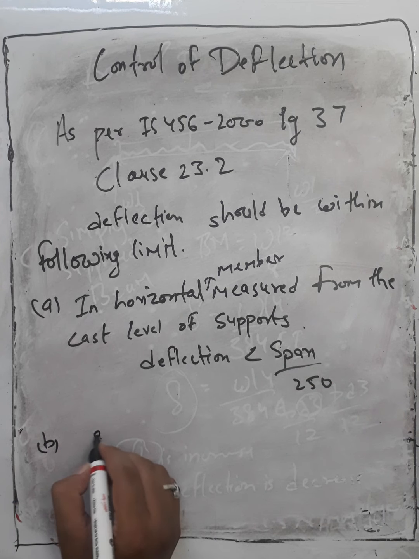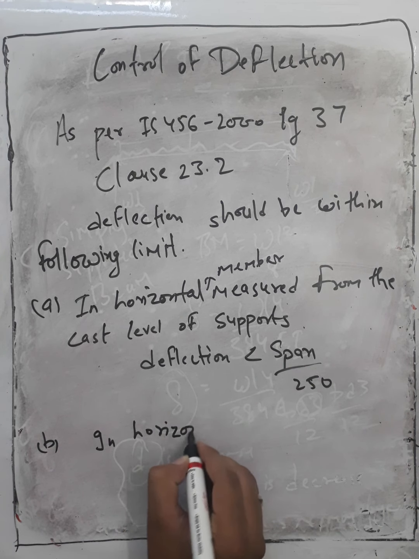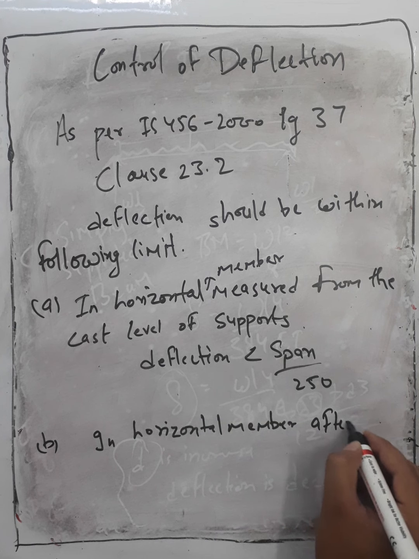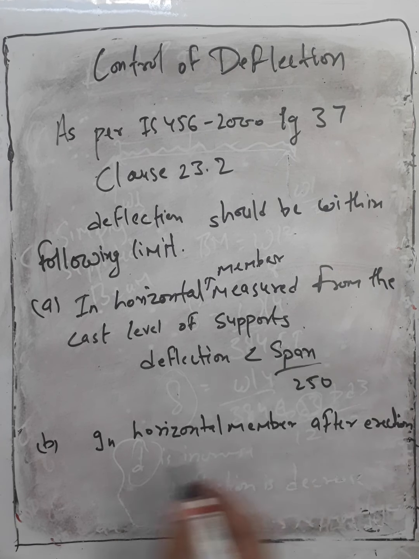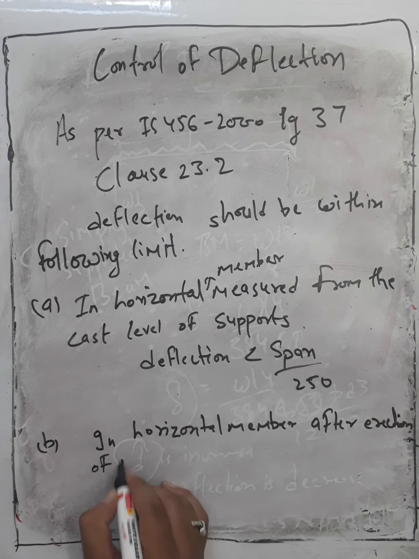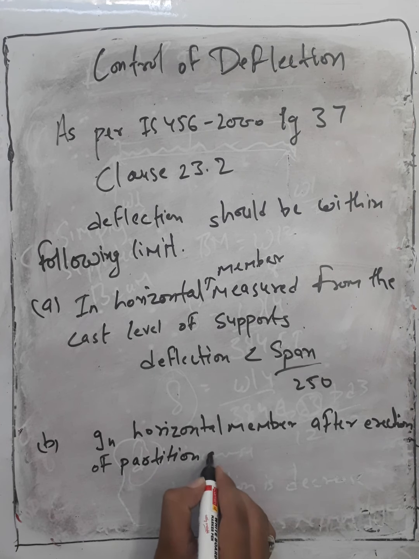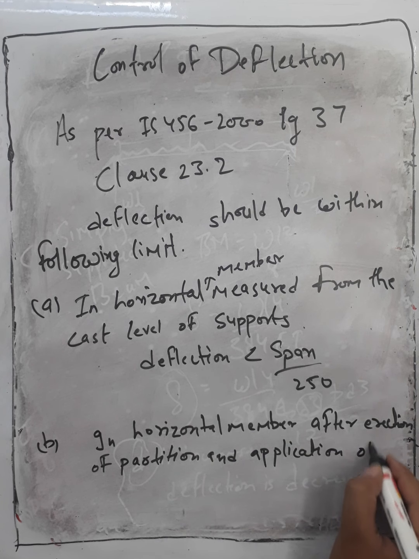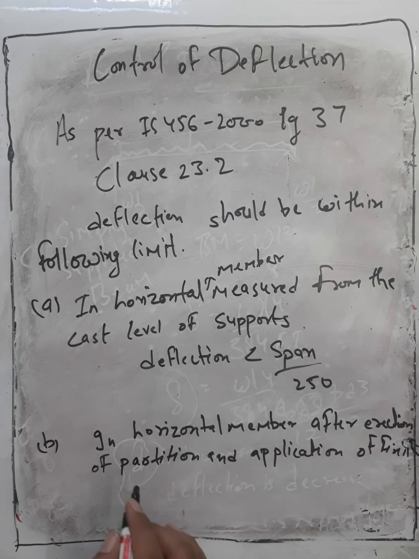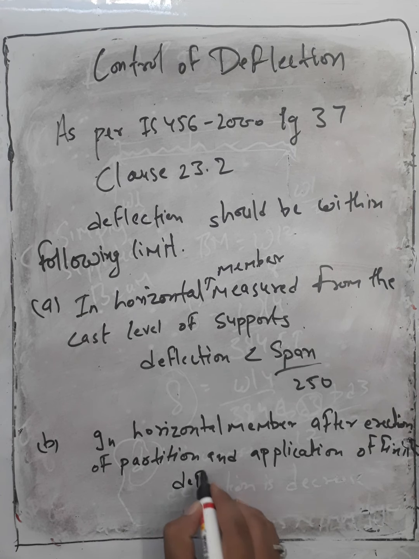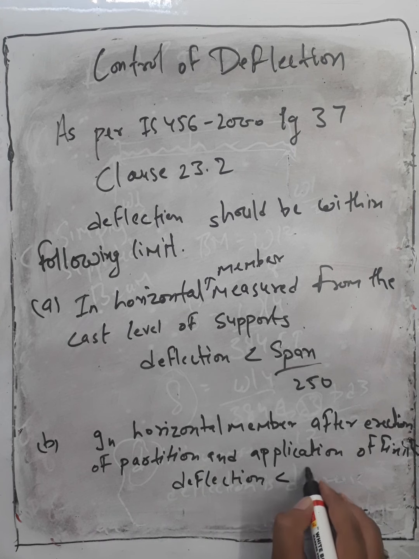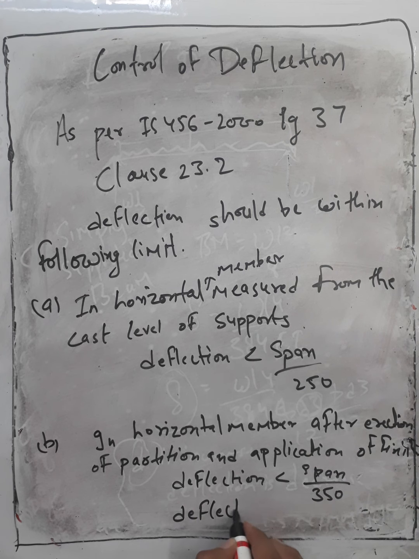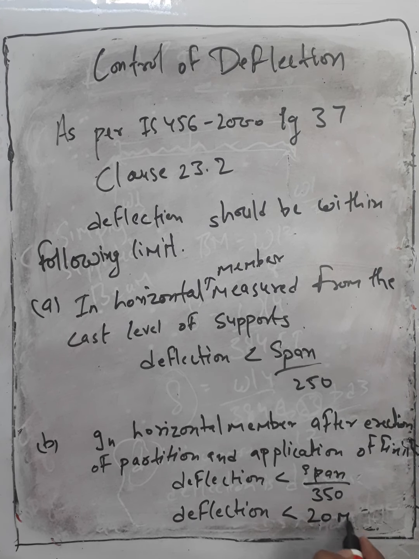The second clause is for a horizontal member after erection of partitions and application of finishes: deflection is less than span by 350 or deflection is less than 20 mm.